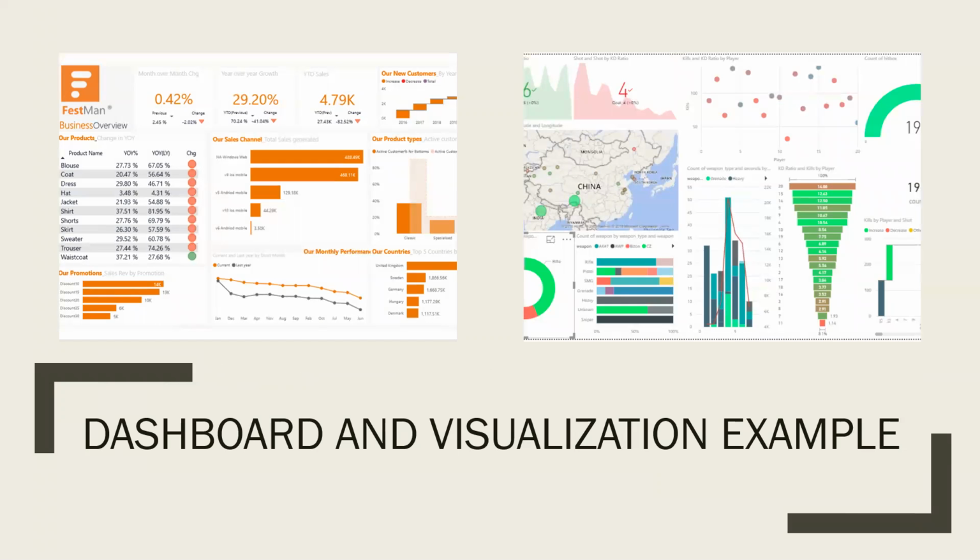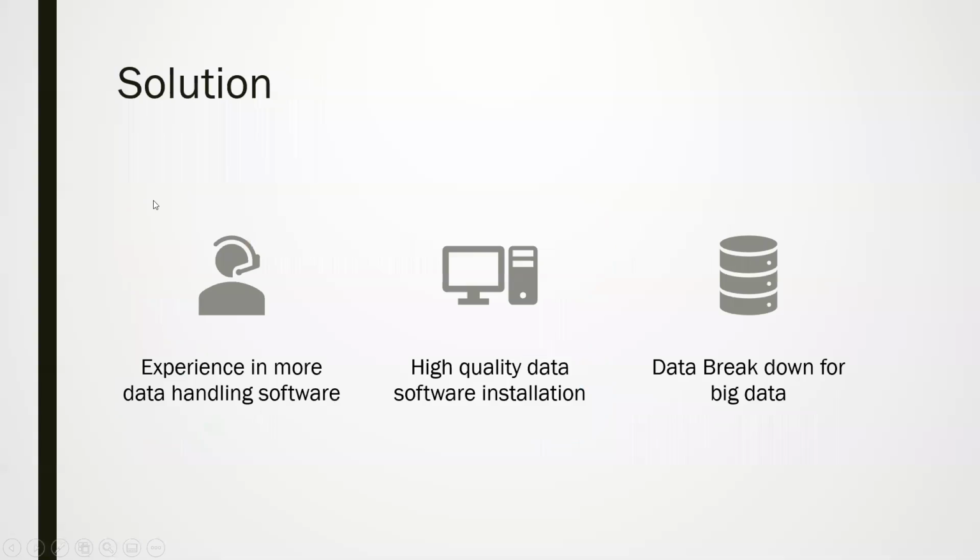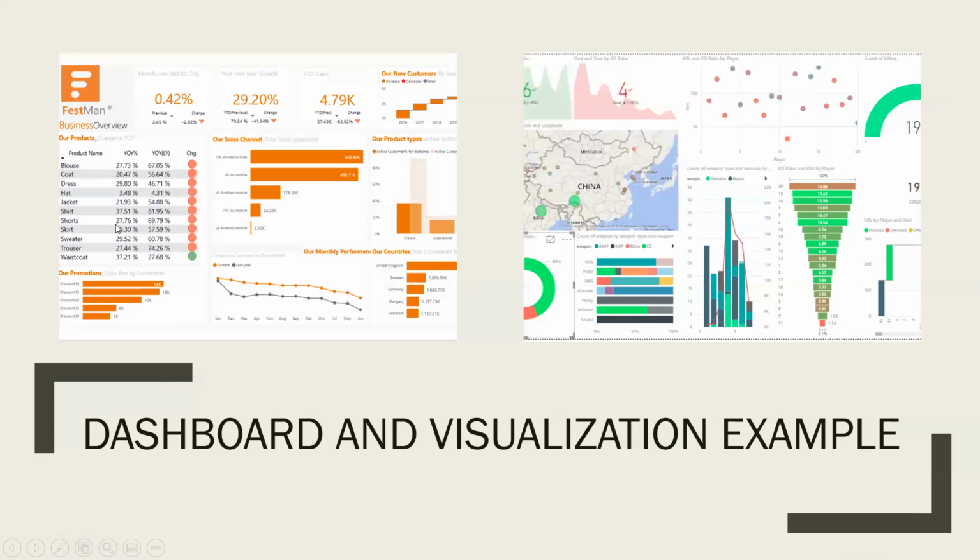So as you see here in the picture, there's an example of a dashboard from the Power BI application tool. These are the numbers, as you see over here, which represent each part, each calculation, and each part of the data.